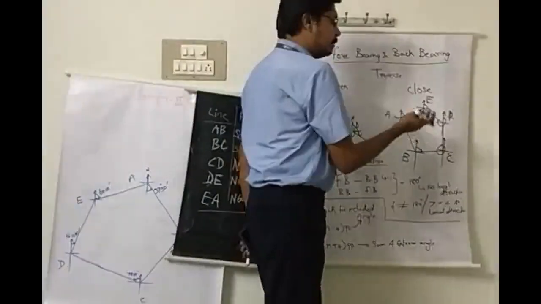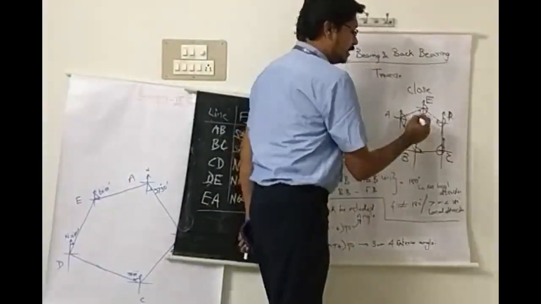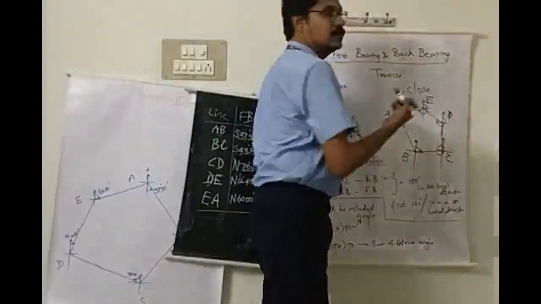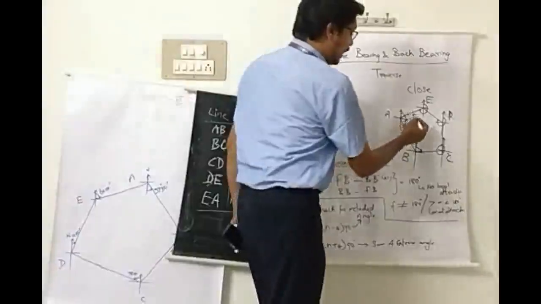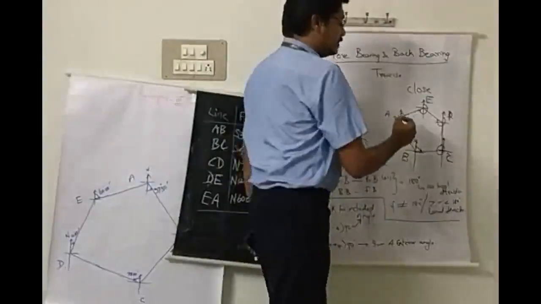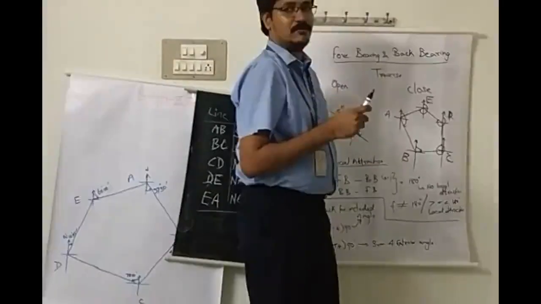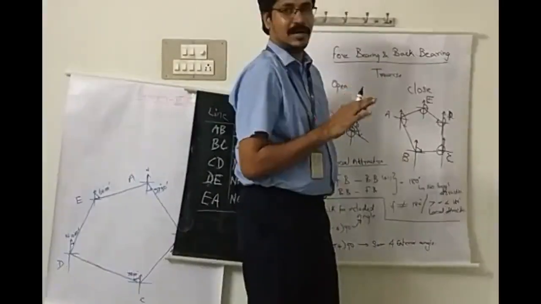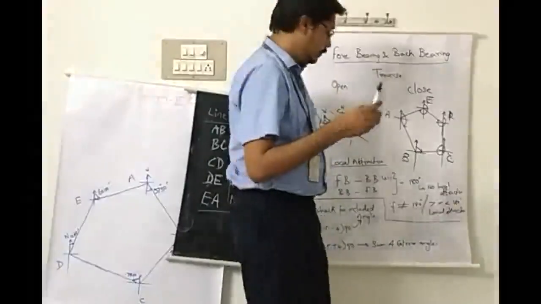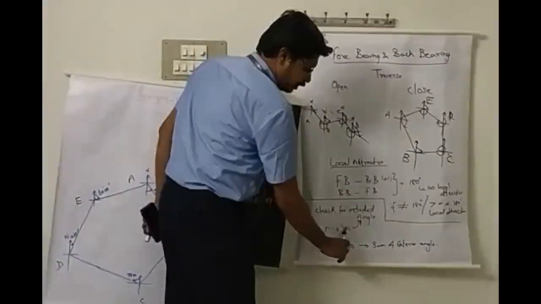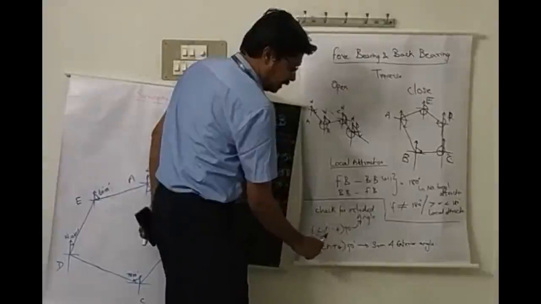If you mark the back bearing also, you are able to get the included angle of the traverse. Each angle you can obtain. If you get the summation of the angles, it can be checked whether we have conducted the traverse rightly or not. How can we check? The sum should be (2n minus 4) into 90 degrees. Here n is the number of sides.